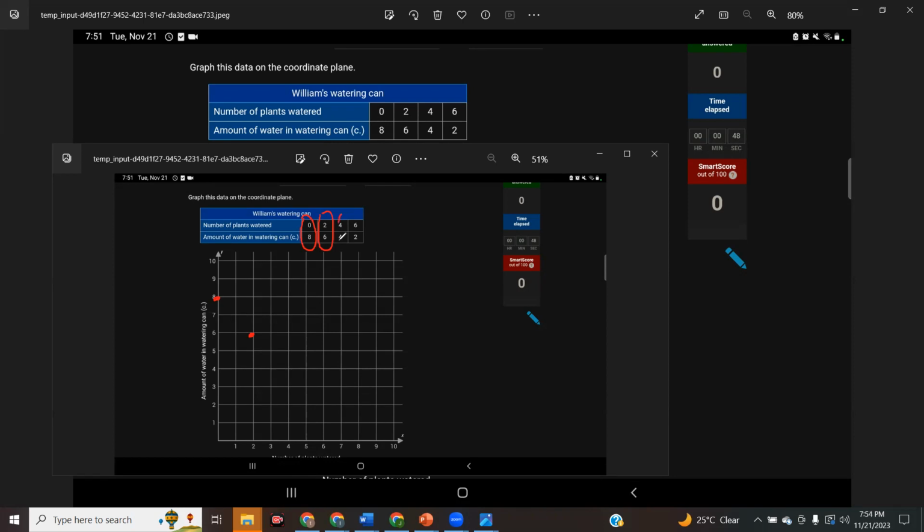This is the point 4.4. This is the point 6.2. Do you see that? Yes, sir. Understand it now? Yes, sir. Good.